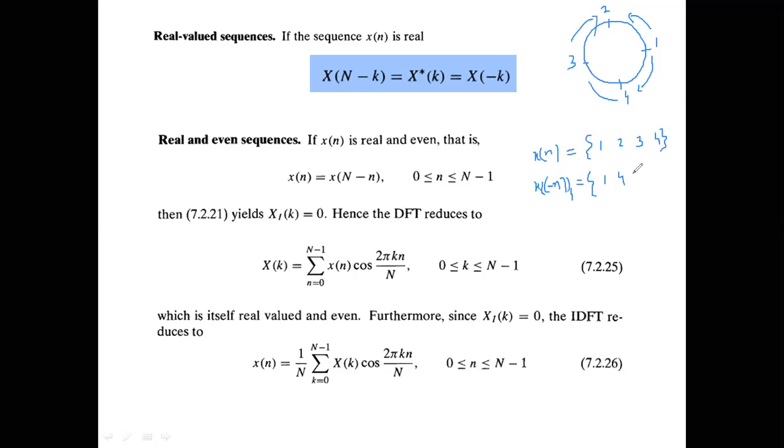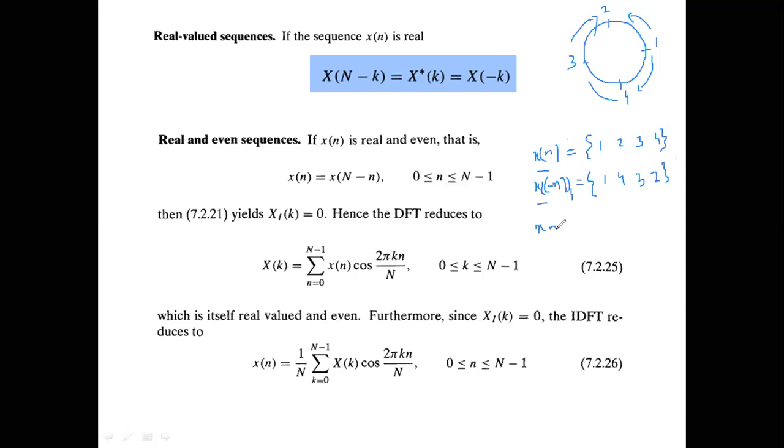So 1, 4, 3, 2 is my x of minus n. This is how we find it. Is this sequence circularly even? No, because x of n is 1, 2, 3, 4 and x of minus n is 1, 4, 3, 2. So it's not circularly even.